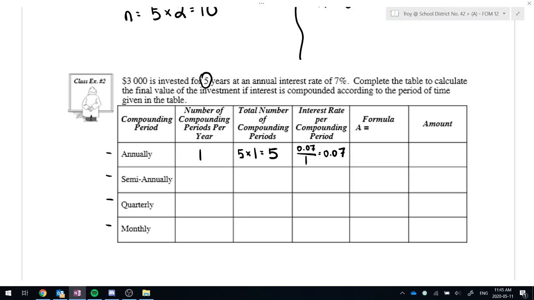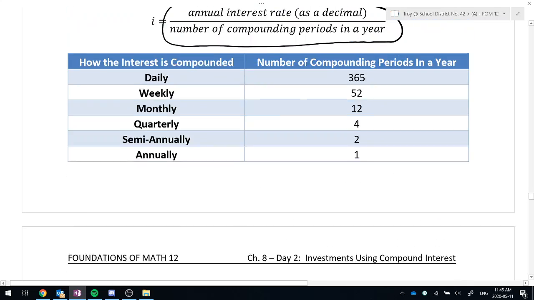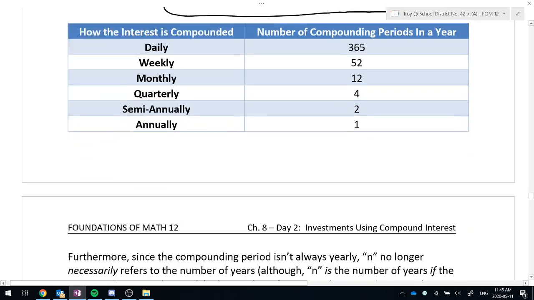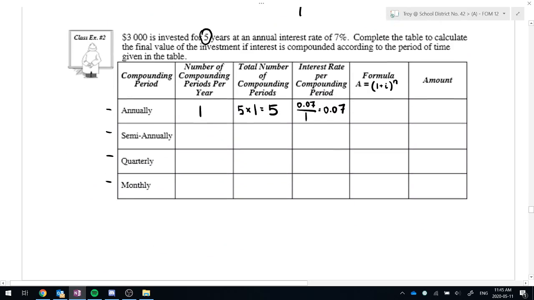Okay, and our formula, A equals P times 1 plus I to the power of n, with our P value on the outside. For this one, the P value is always going to be 3,000 for this question. So 3,000 times 1 plus 0.07 raised to the power of 5.